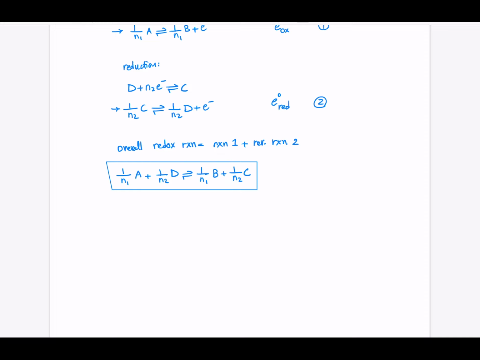Why standard? Because it's coming from two standard half reactions. So that's very, very important. And now the K value for this reaction would be the standard electron activity of the reaction.